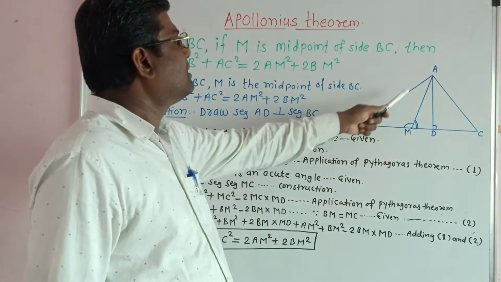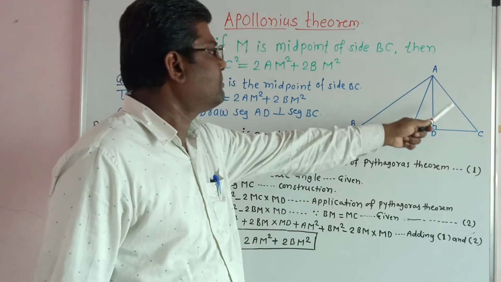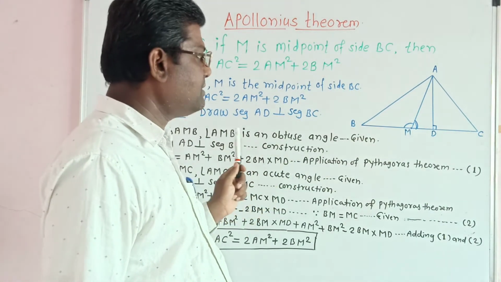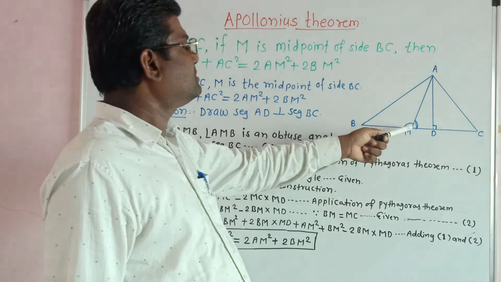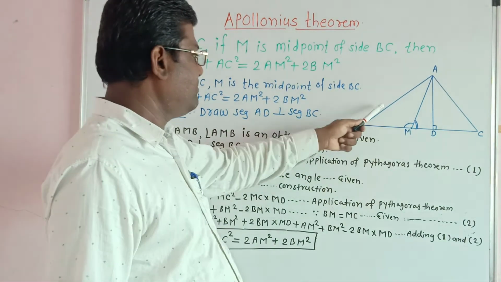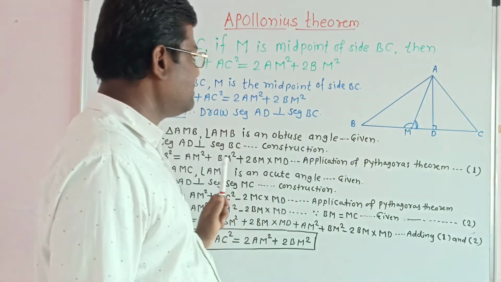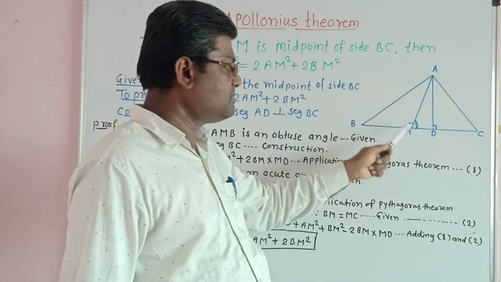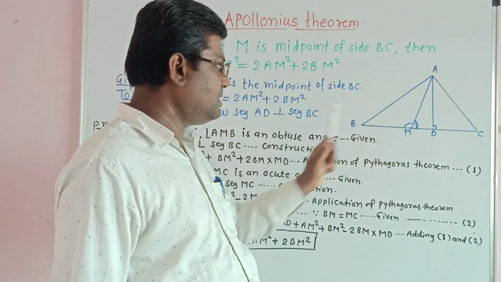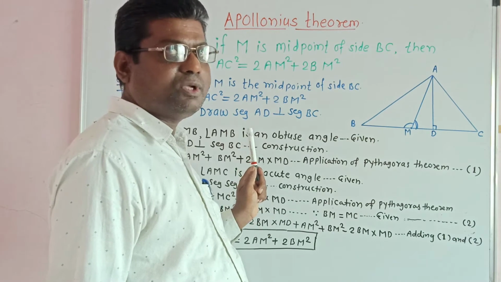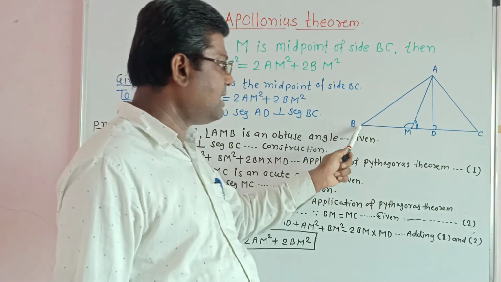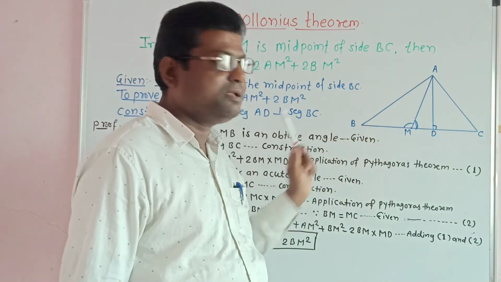AB square plus AC square, the sum of squares of the sides on which the median is not drawn, is equal to 2 into AM square, that is 2 into median square, plus 2 into BM square, that is 2 into the square of half of the side on which the median is drawn.